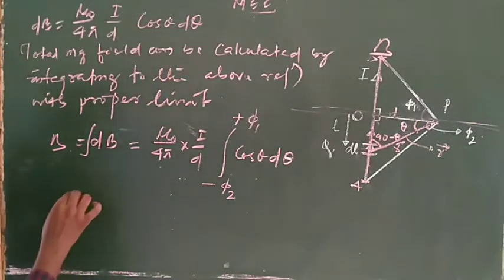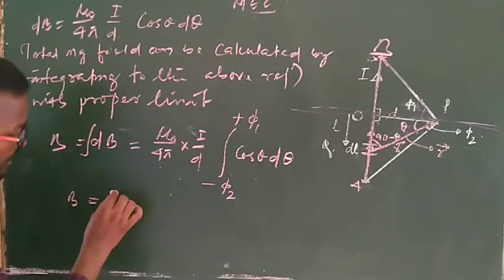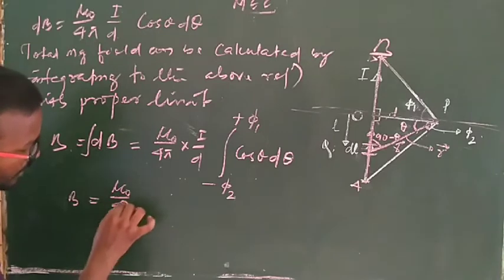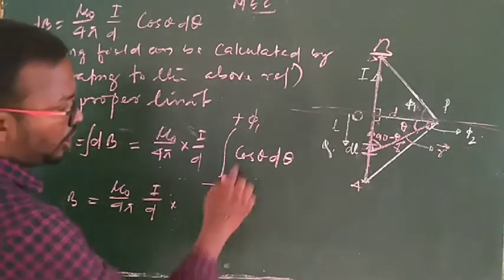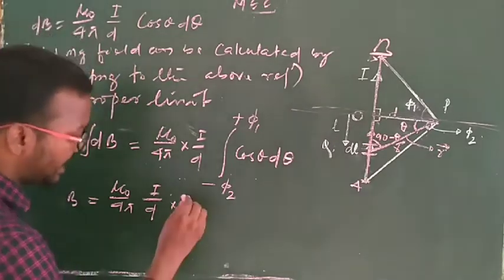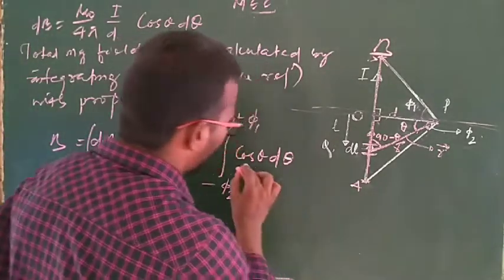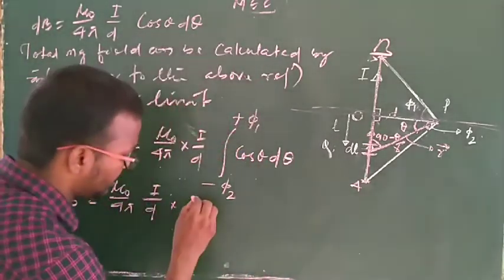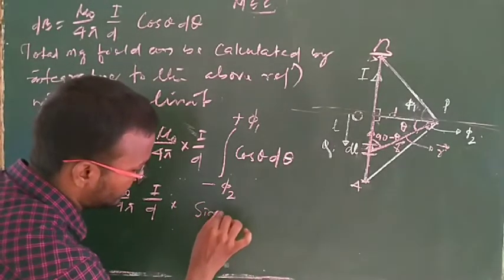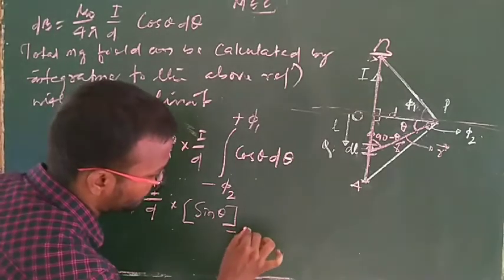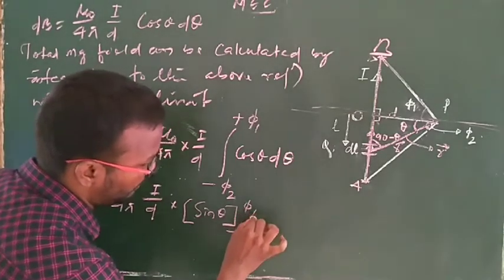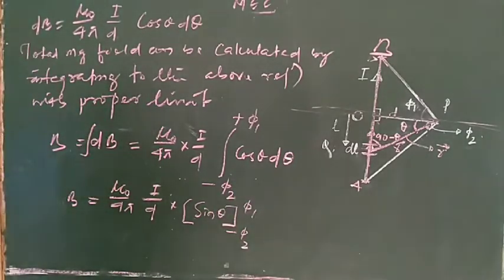Clear? So B equals mu naught by 4 pi, I by D, into the integration of cos theta d theta, which is sin theta, with lower limit minus phi 2 and upper limit phi 1.